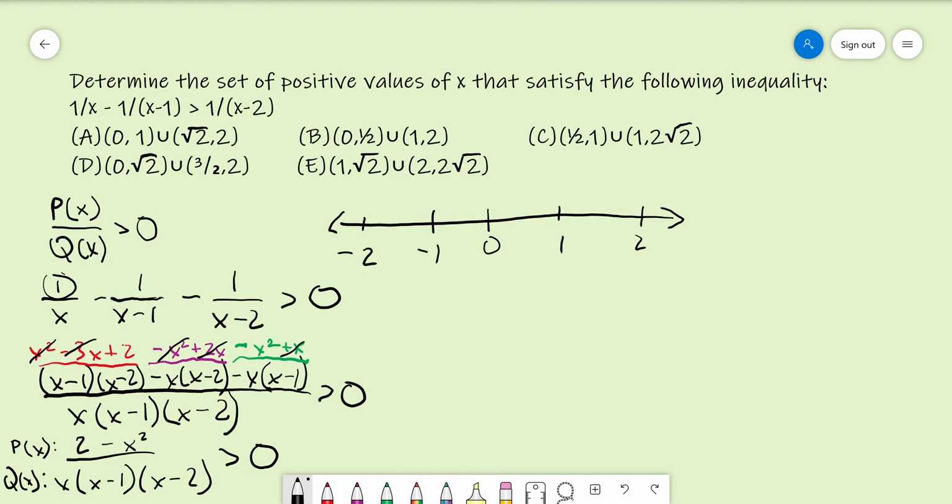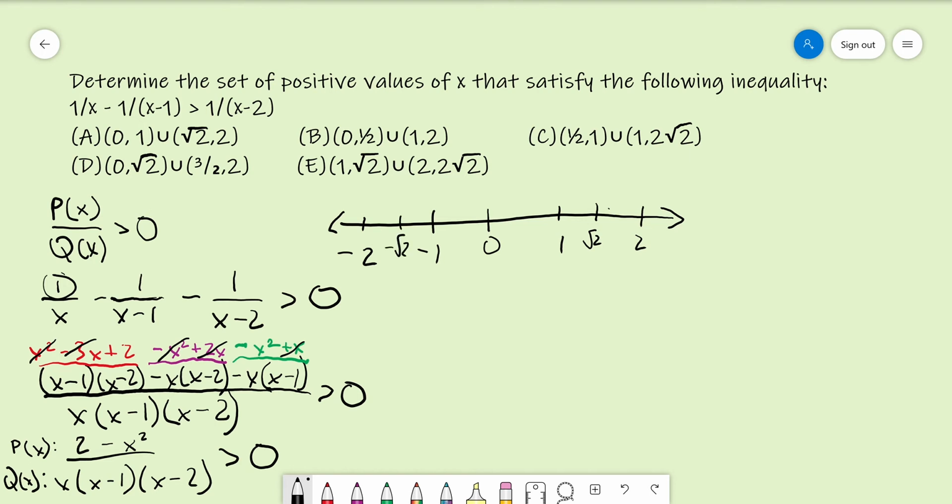The roots of P of x are plus and minus root 2, because x equals root 2 and x equals negative root 2 satisfy the equation 2 minus x squared equals 0. Remember, root 2 is about 1.4, so we're going to write it over here. Root 2 and minus root 2.